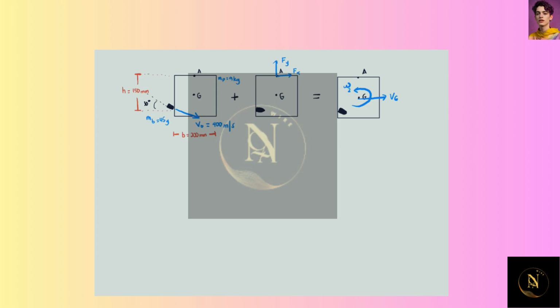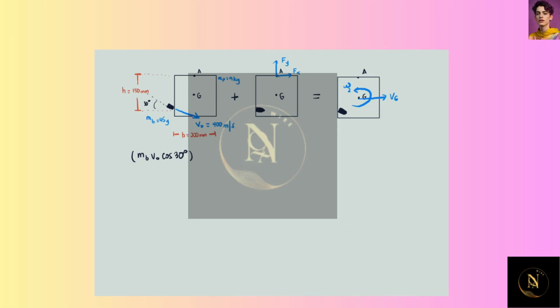So, our equation would be, since the velocity of the bullet before impact is directed at 30 degrees from the horizontal, mass of the bullet times VO cosine 30 degrees.